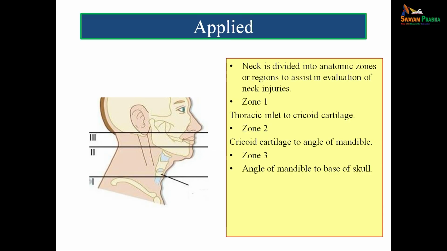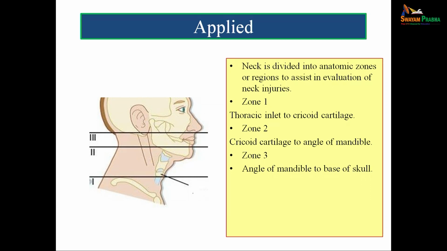Without respiration we can't survive. The anterior triangle has the carotids, so a lot of bleeding can take place, and due to hemorrhagic shock even death can take place. So, the anterior triangle is very important when injuries have taken place. Immediate steps have to be taken. Accordingly, the neck is divided into anatomical zones to assist in evaluation of neck injuries.